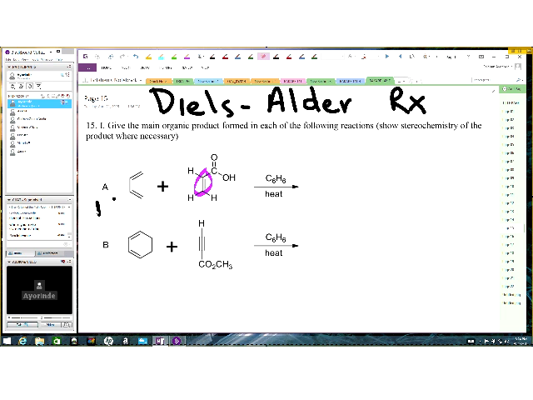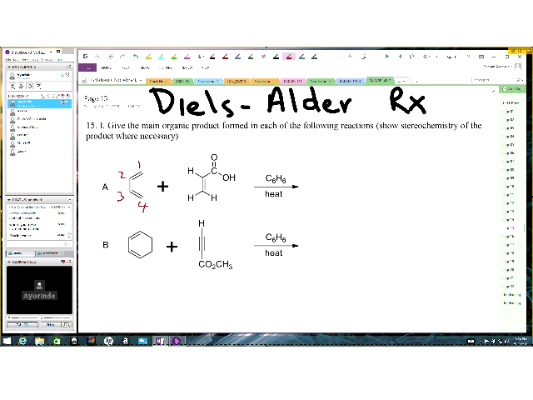this is what you should do. Go ahead and number the carbons of the conjugated system, only the carbons that are involved in the conjugated system, as 1, 2, 3, 4. So this carbon is 1, this is 2, this is 3, this is 4.